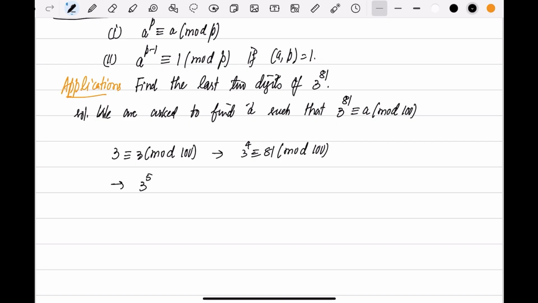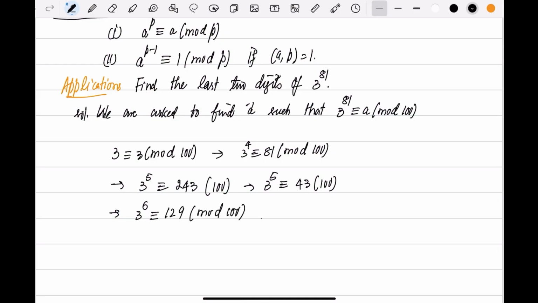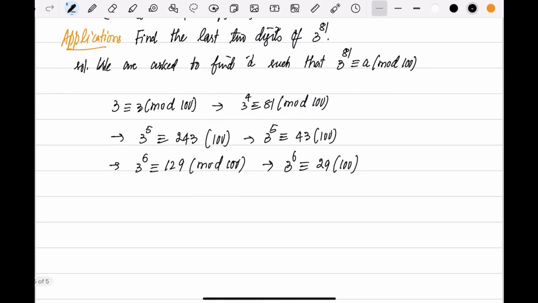Multiply both sides by 3, and 3 power 5 becomes 243 mod 100, that is, 3 power 5 is congruent to 43 mod 100. Again multiply by 3, and 3 power 6 is congruent to 129 mod 100, that is, 29 mod 100.